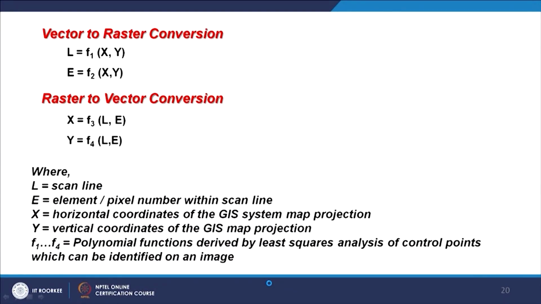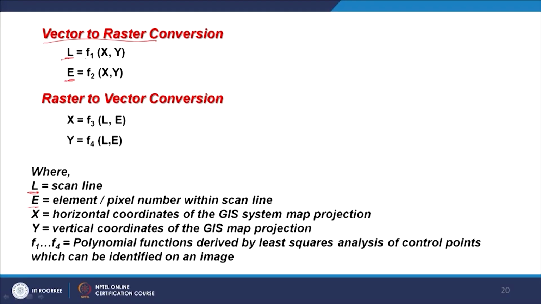If I have to convert from vector to raster, first I am determining the column and row number. L here is the scan line or row number, E is the element, the pixel number. That is the location, not the value.